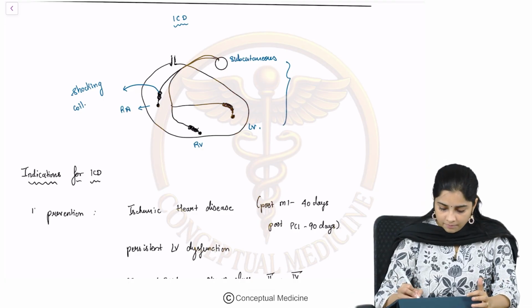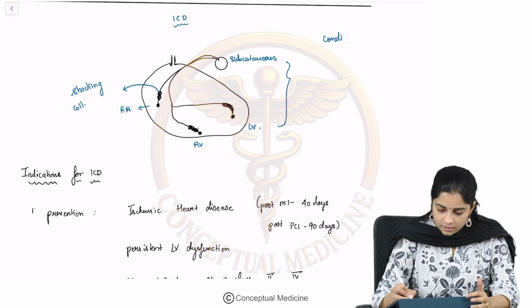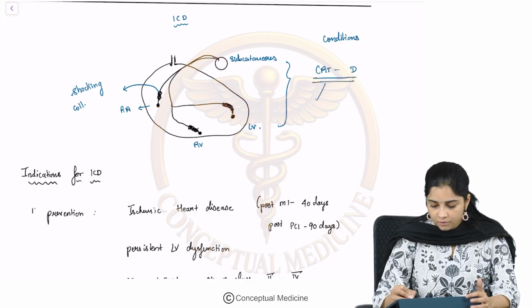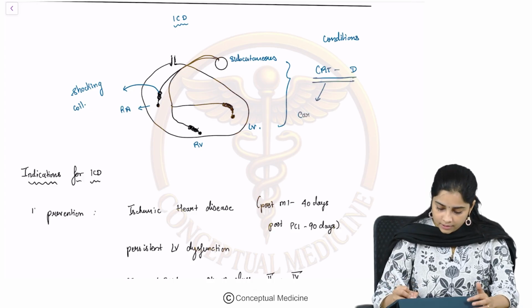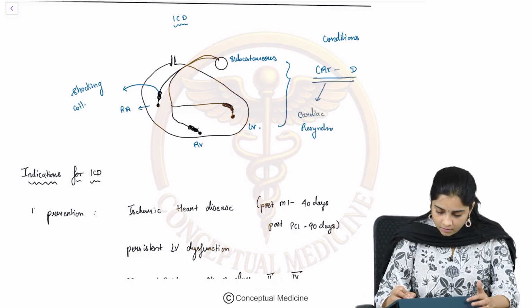Okay, in some conditions, you can also give what is called a CRT-D. What is the meaning of that? CRT we have already learned in our chapter on heart failure. It is your cardiac resynchronization therapy. Where do you use this?